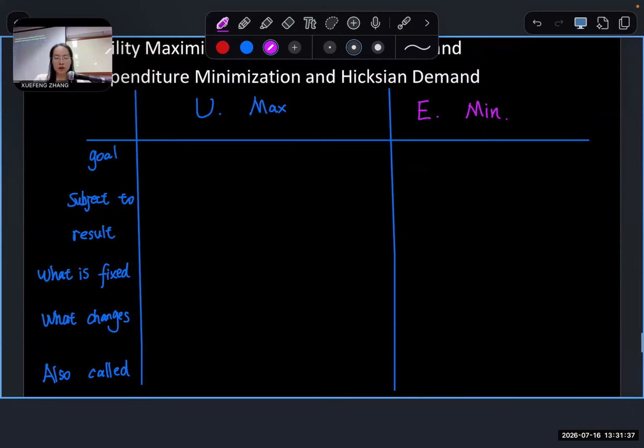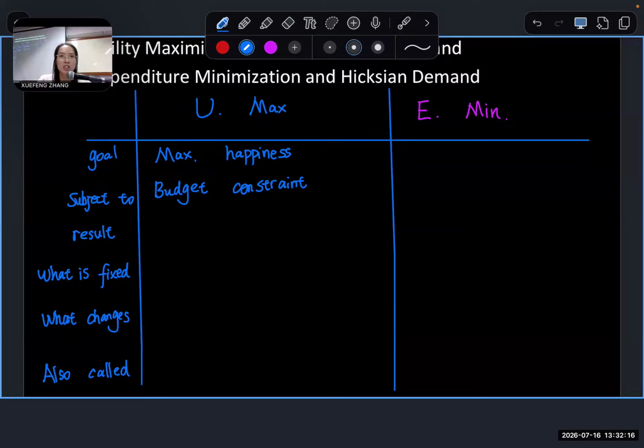So what is the goal for utility maximization? We want to maximize your happiness, right? We want to maximize your happiness. And what is the constraint? Subject to your budget constraint, right? So what is the result? If we maximize our utility, we're going to get the Marshallian demand curve for two goods, all right?